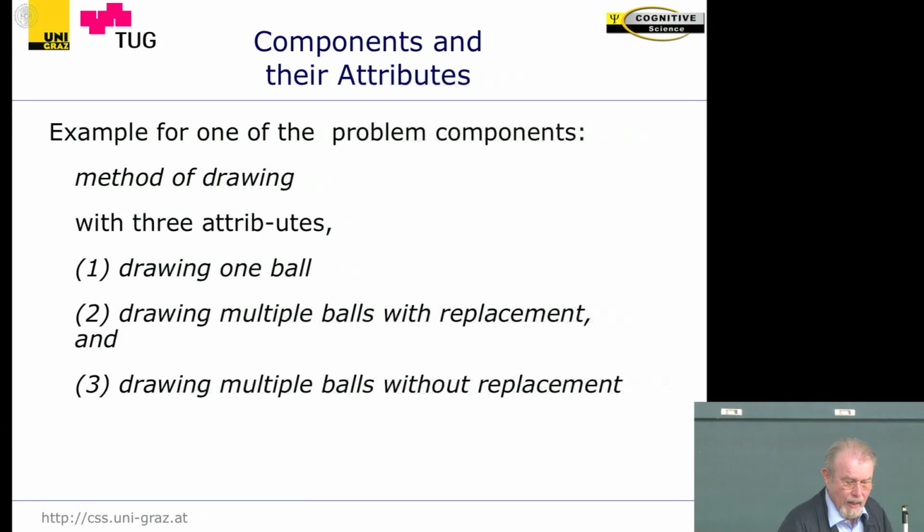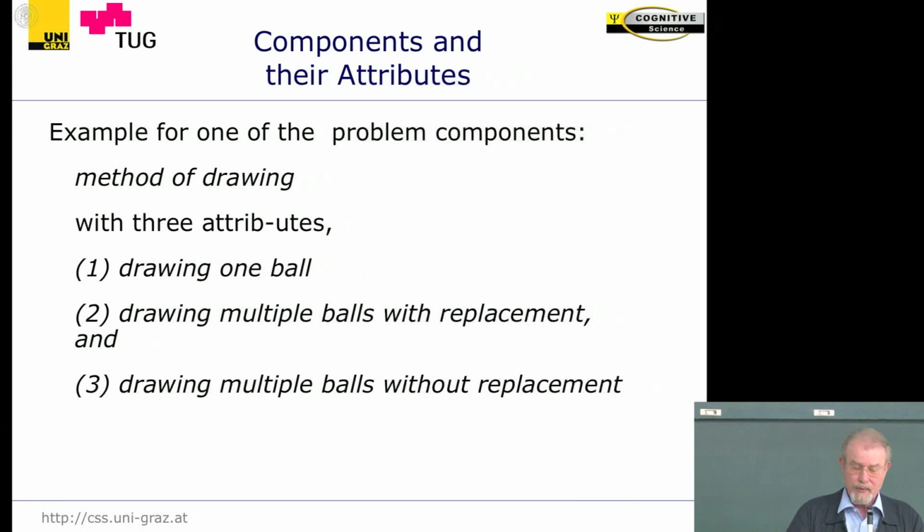So going further and checking what are the attributes and what are the components. One example for one of the problem components in our case is the method of drawing. Method of drawing in this case is a component, and this component has three attributes.